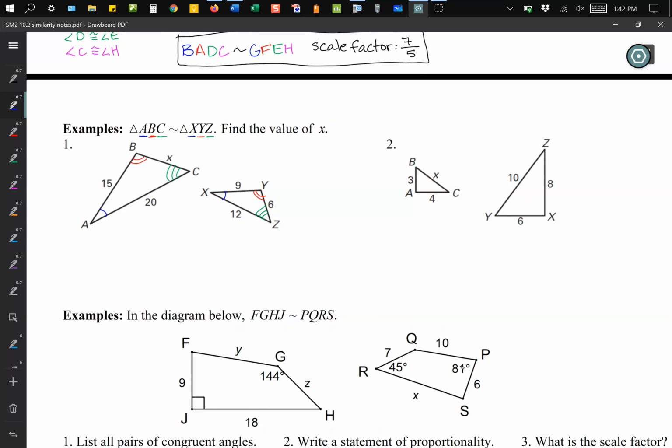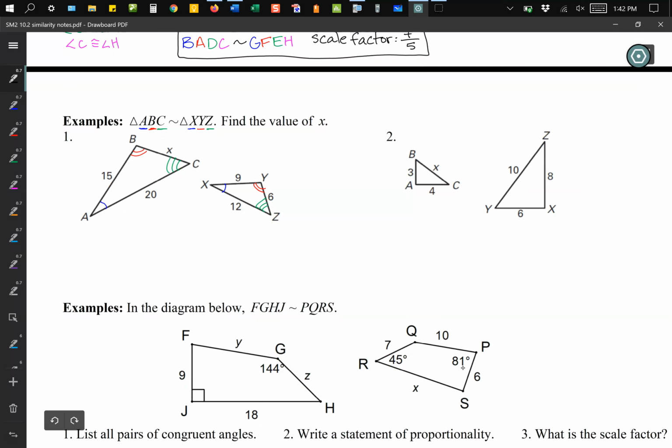So it's up to you which of those you use. I'm going to go ahead and use the 15 and the 9 because they're smaller numbers. It doesn't matter which shape you put on top, but put the same shape on top in both fractions. So I'm going to do 15 over 9. So I'm doing big shape over little shape.